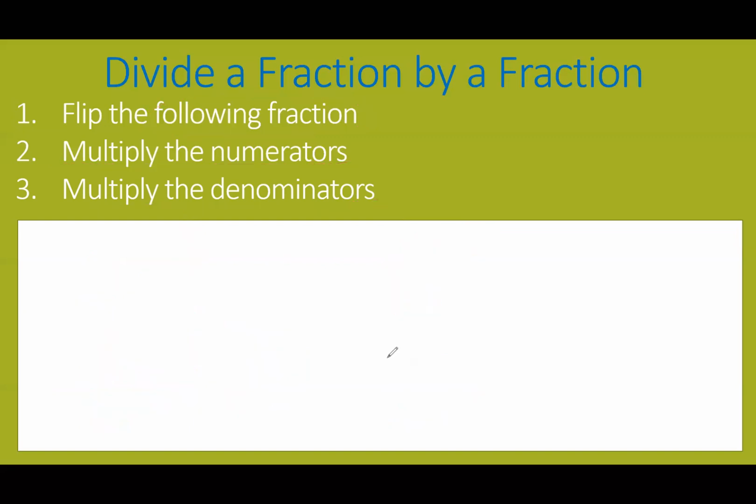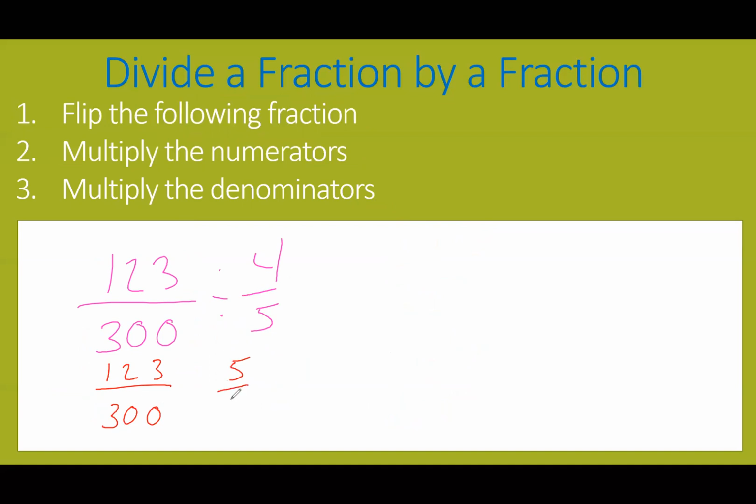All right, let's do the last one on this page, and I'm going to make it a doozy. 123/300ths divided by 4/5. All right, pause the video and do it yourself. This is going to stay the same as 123/300ths, but now I'm going to flip and it's going to become 5/4, and I'm going to multiply them.